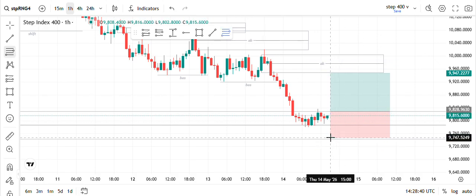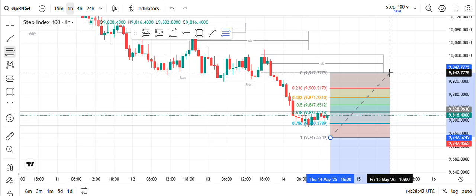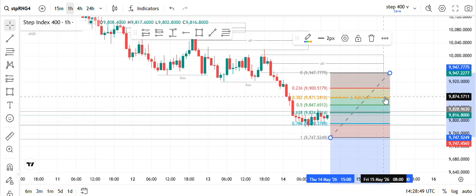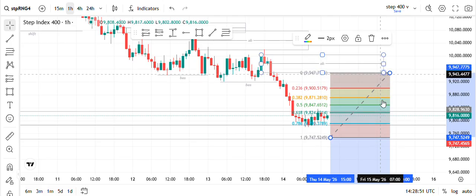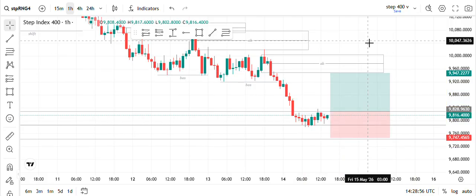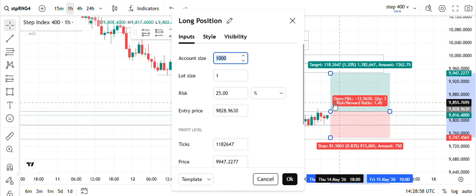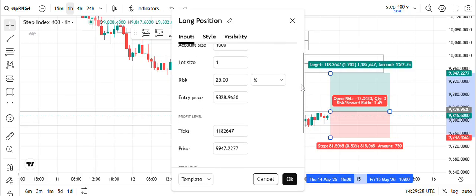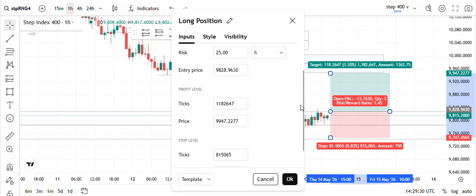there is this Fibonacci. Entry first, second, third, fourth. All these can be your TPs if you want. Now for you to get the entry, if you're interested in it, this is the level.